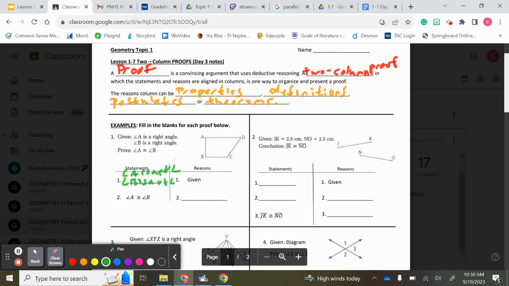So if you look at the back side, let's see if we can find something that'll actually help. We're stating that angle A is going to be congruent to angle B. Why is that? We have two right angles. Angle A and angle B are both right, but now we're saying they're congruent. Why is that true?